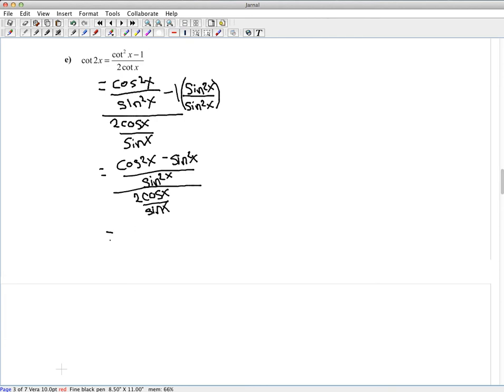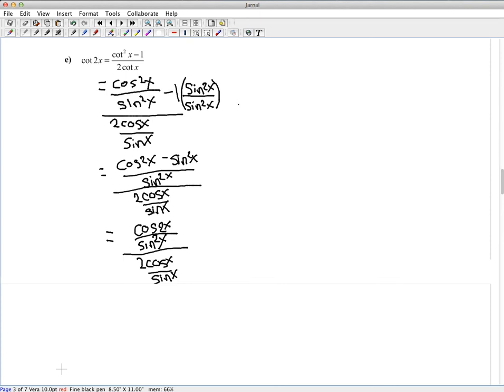So then I would rewrite this as cos 2x over sine squared x, all over 2 cos x over sine x. And then running out of space here, so I'll go up to the side.